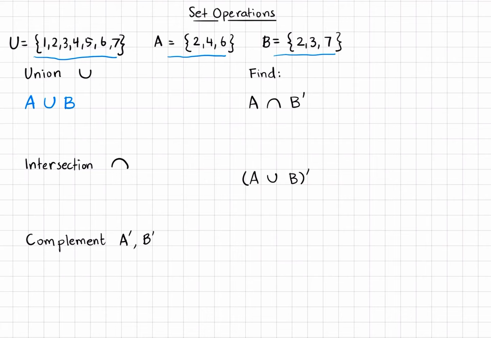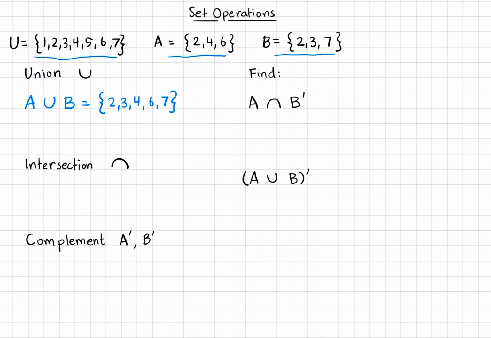If we look at the sets here, A has elements 2, 4, and 6, B has elements 2, 3, and 7. So we would say that A union B equals the elements 2, 3, 4, 6, and 7. So it's the total of all the elements in both sets.